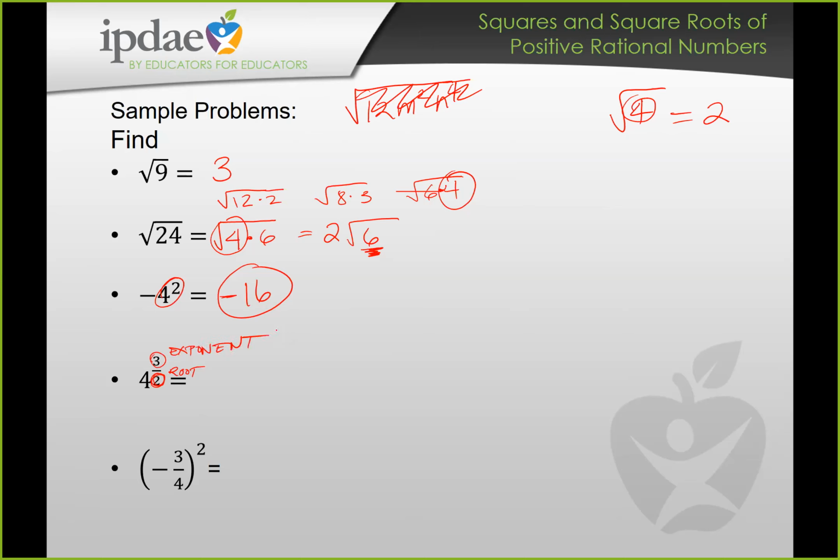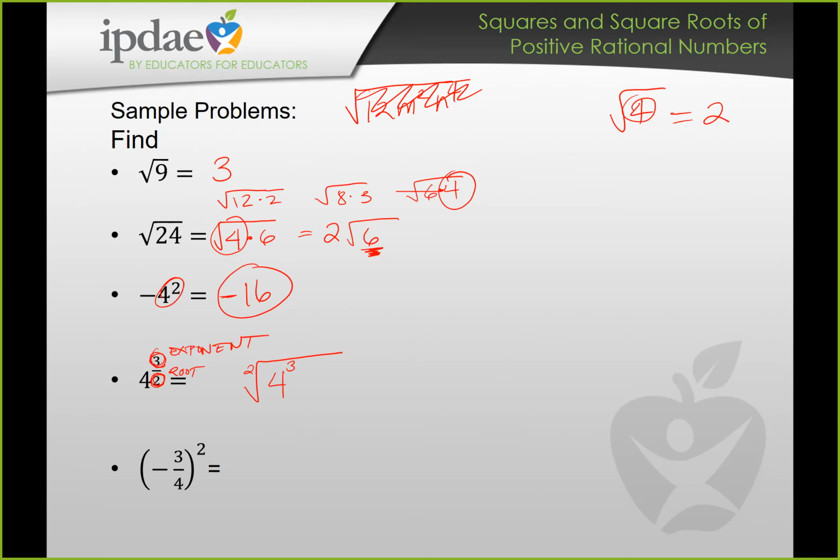I ask them to label that first and then rewrite it as a radical. So I'm going to put the square root. Students can always put that 2 up there. Keep the 4 because 4 is your base, and your 3 is your exponent.